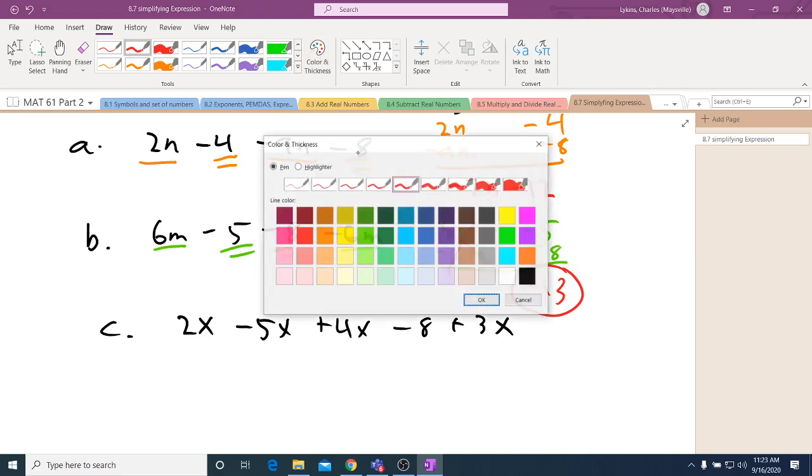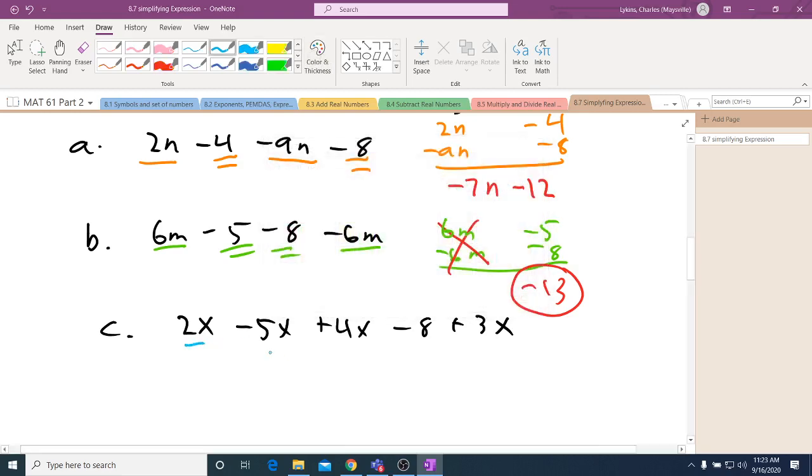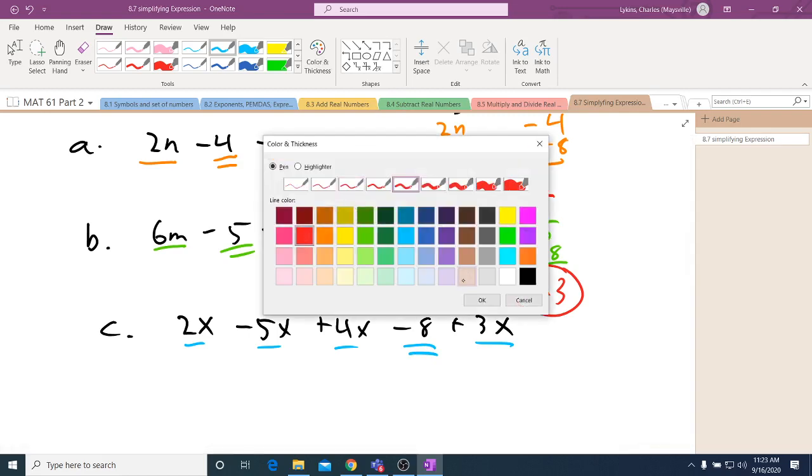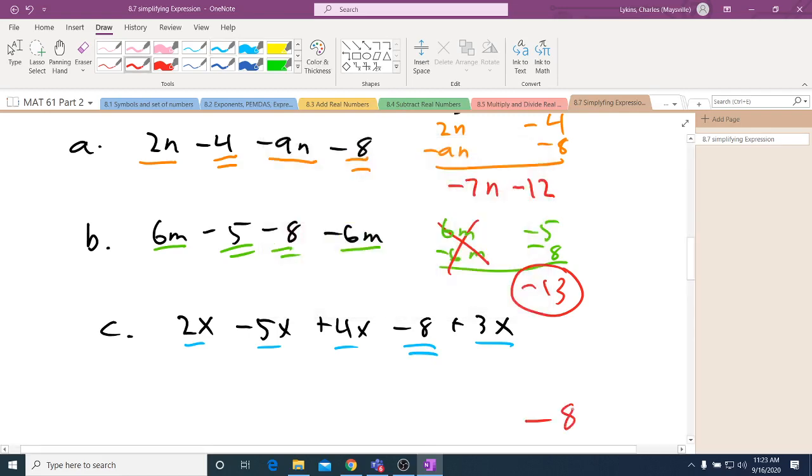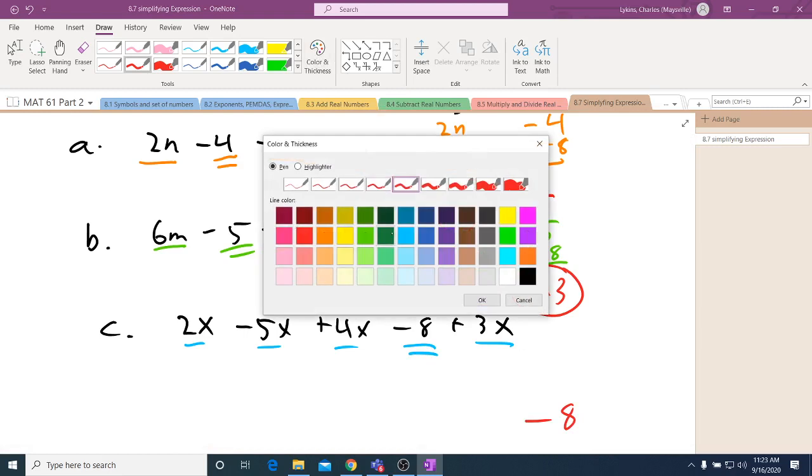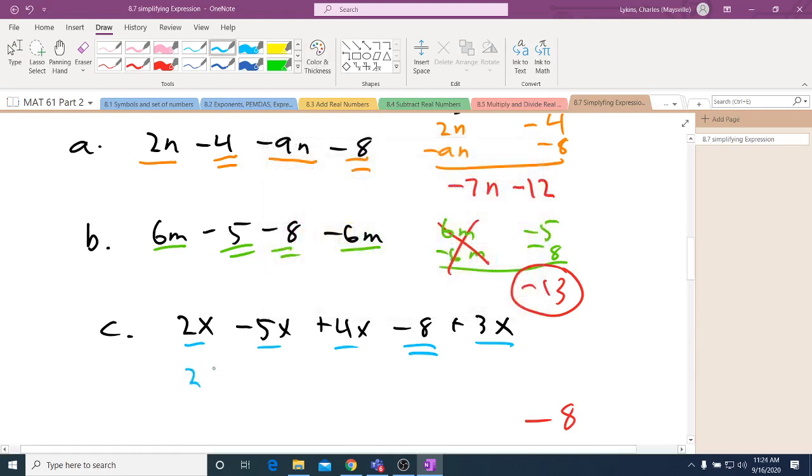Part C. I've got quite a few x's: 2, -5, 4, and 3. And then I've just got my lone -8. So right off the bat, I know that I've got my -8, so I'm going to treat that as a -8. Now I'm going to take my 2x, my plus 4x, my plus 3x, and then my -5x.